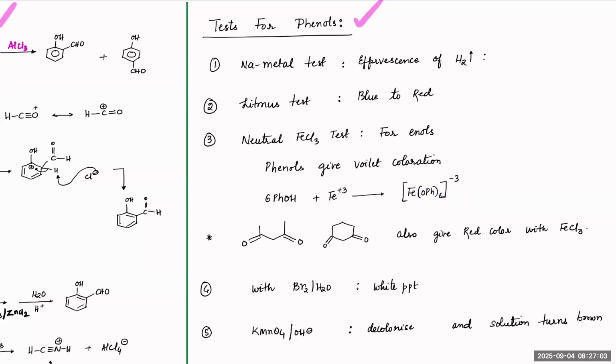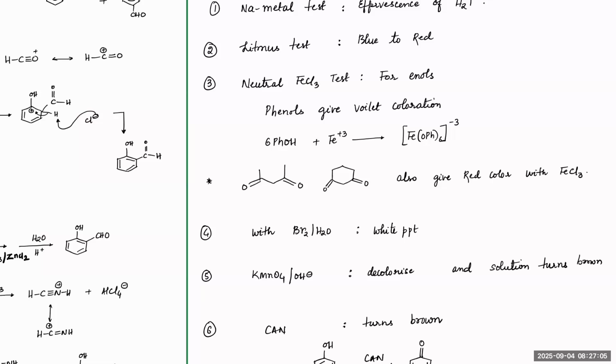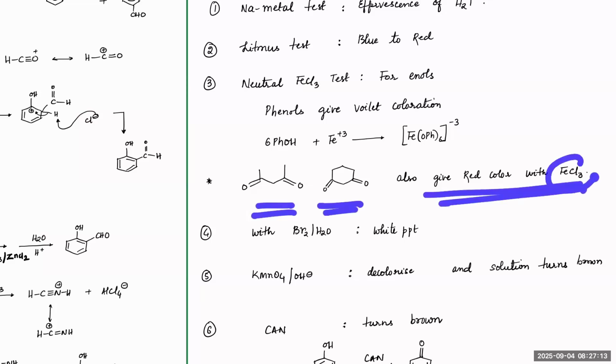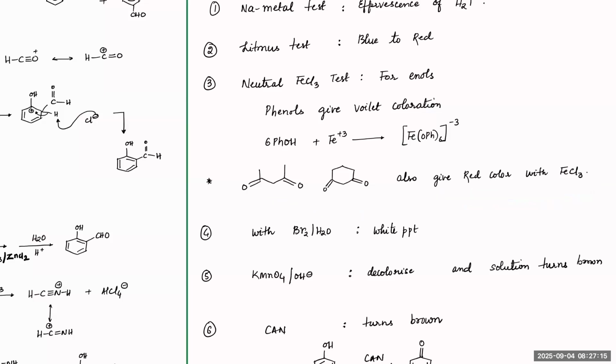Clear? And as it forms here, you will notice that this group, even this one and this one, all will give you red coloration with FeCl3. Got it? Why? Because these kinds of keto groups will have more enol content. So percentage enol is more. So here, more than phenol, this reaction is giving that coloration because of the enol content.